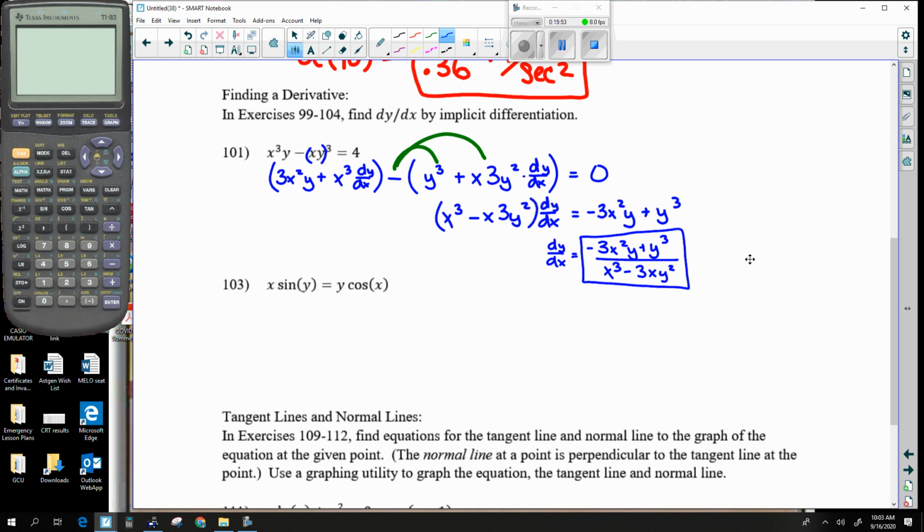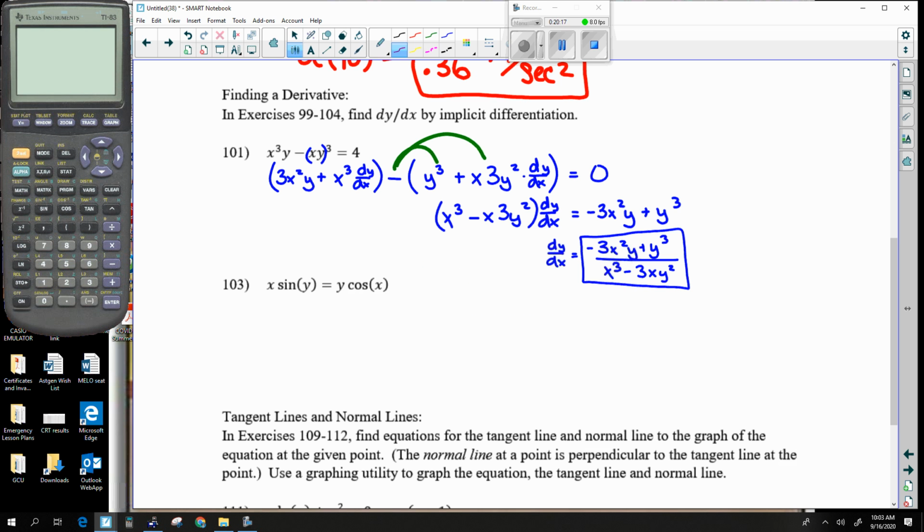If you look that up in the book, a trick that you may need to know is this. If you would have pushed all the dy dx's to that way and kept all the numbers on that side, a potential answer that you could have is the exact same answer, but just opposite signs of everything.